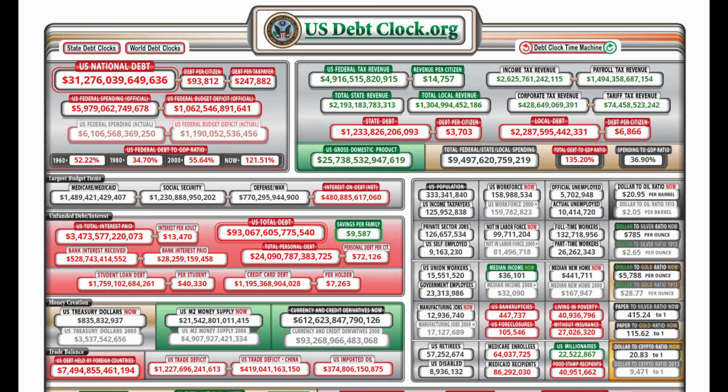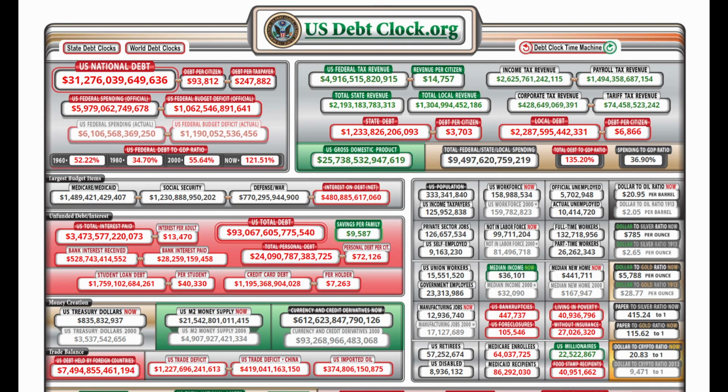And one kind of shocking thing it brings up is that the debt per citizen is $93,000. So that means each citizen, if we wanted to pay off the debt today, each citizen, including babies, would have to pay $93,000. However, a better look at it is debt per taxpayer. And that is, for each taxpayer, we owe about $250,000. So that's just kind of crazy.